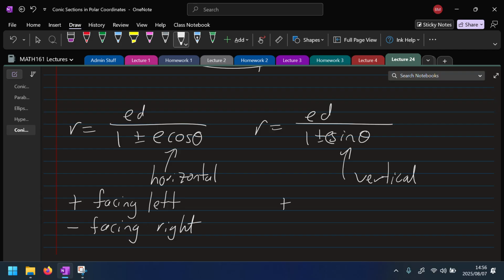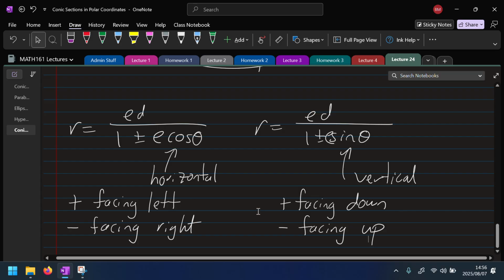If it's a plus, it will be facing down, and if it's a minus, it's facing up. So you can go back to what we did for the parabola, facing up and down, facing left or right. You get the same four cases.